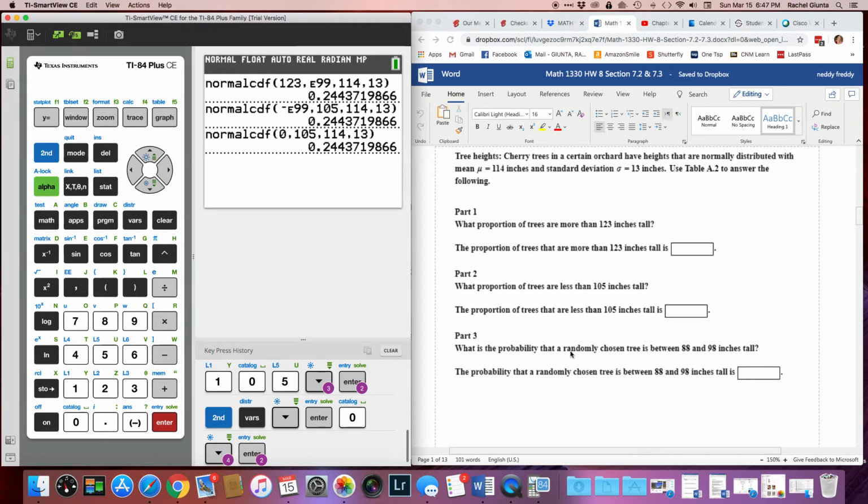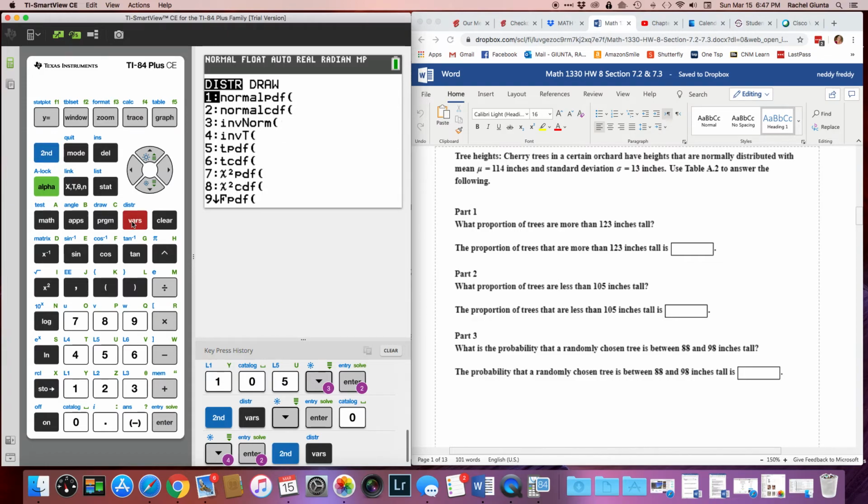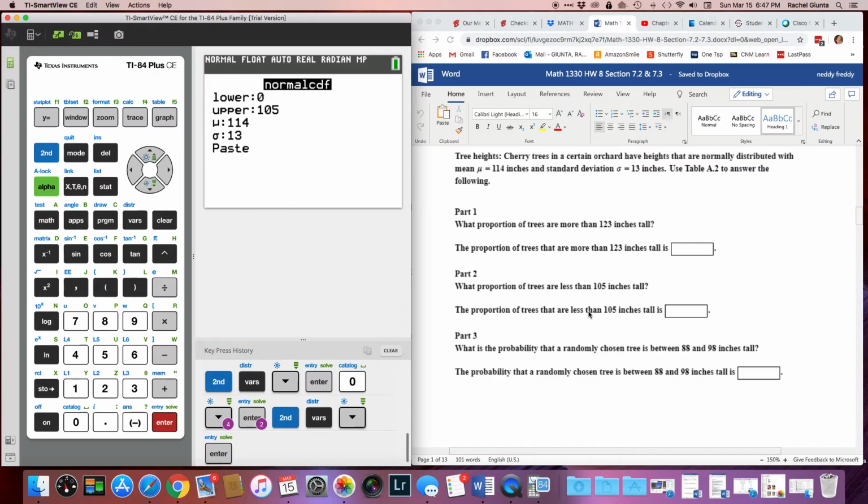Probability that a randomly chosen tree is between 88 and 98 inches tall, and that is my favorite situation because it's the most straightforward, because now the lower limit is the first number they give you, the upper limit is the second number they give you.